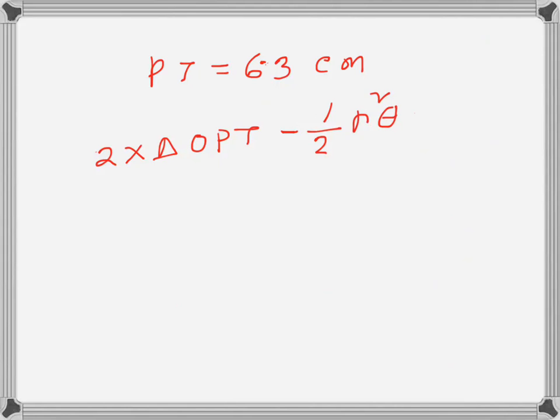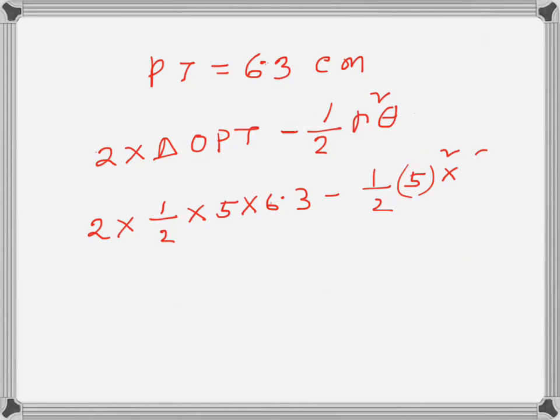So I just plug in the values. This one is 2, and the triangle area is half times 5 times 6.3, minus half times 5 squared times 9 over 10.